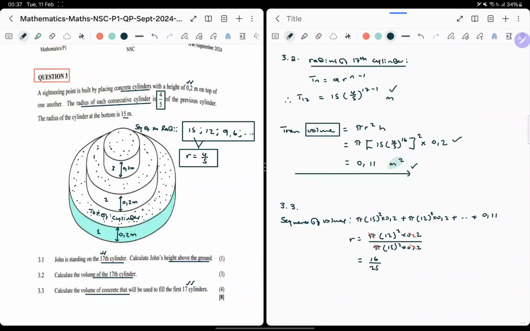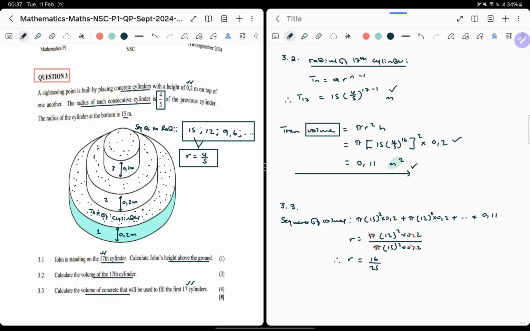So we will have pi times 9.6 squared times 0.2 divided by pi times 12 squared times 0.2, and those cancel. So let's see what happens when we have 9.6 squared divided by 12 squared. It's 16 over 25. So indeed, we are not bluffing, but in case you're not confident, you may want to do that. So guys, this is the common ratio.